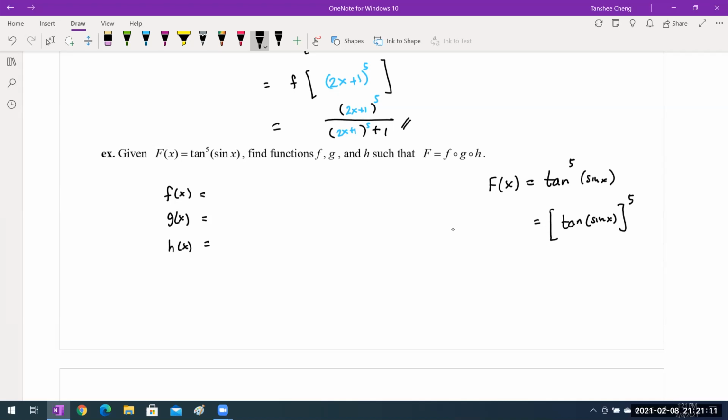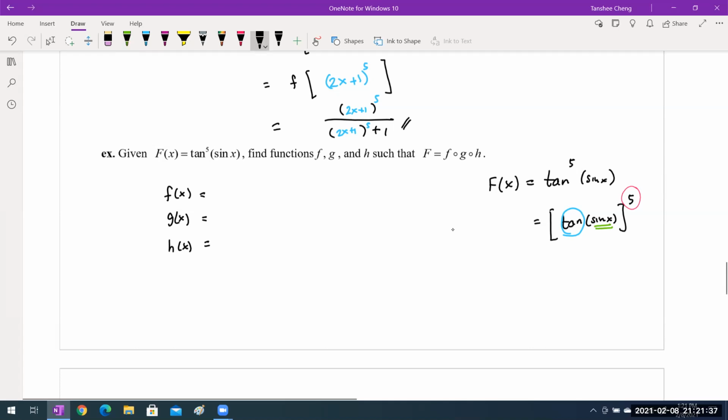You need to be able to see this so that you can see the most outer function in this case is the power function. The next inner function is the tangent function. And only the last, the argument of the tangent is another function, which is the most inner function, this one.